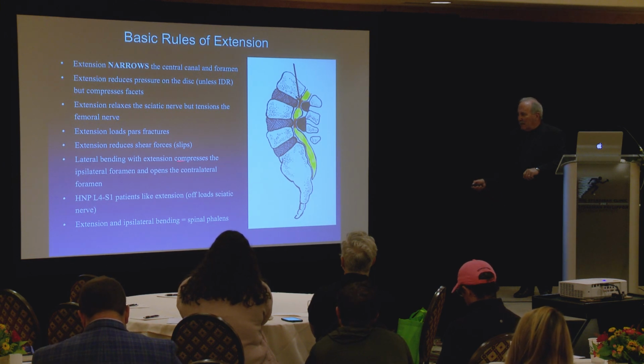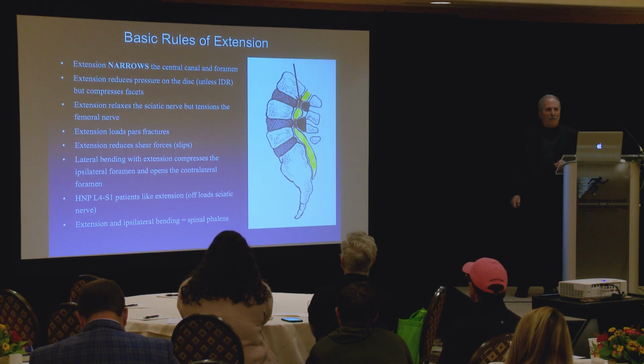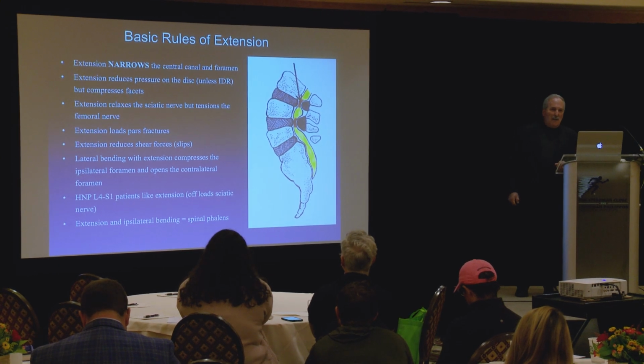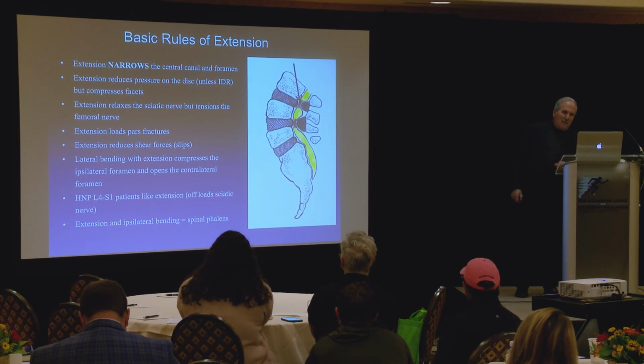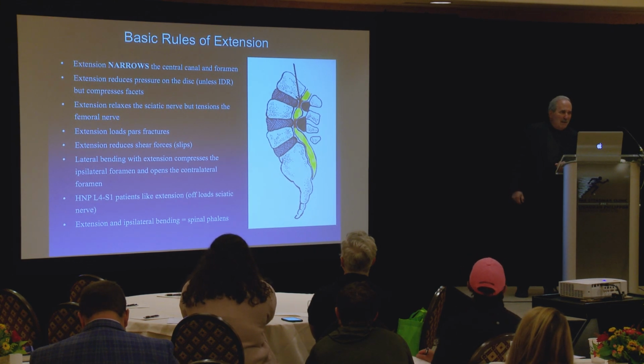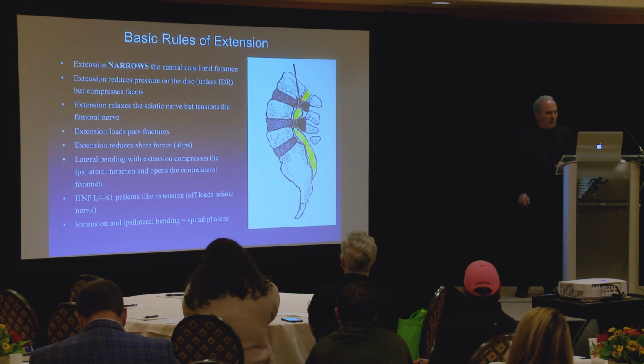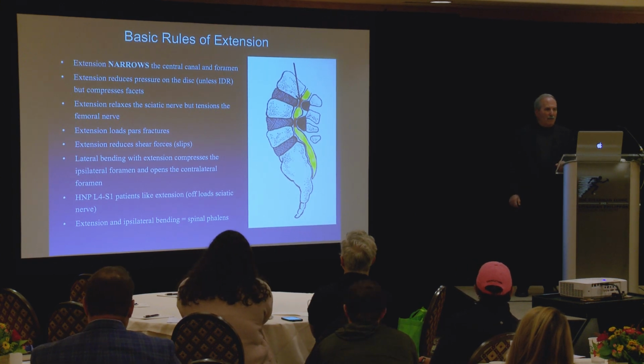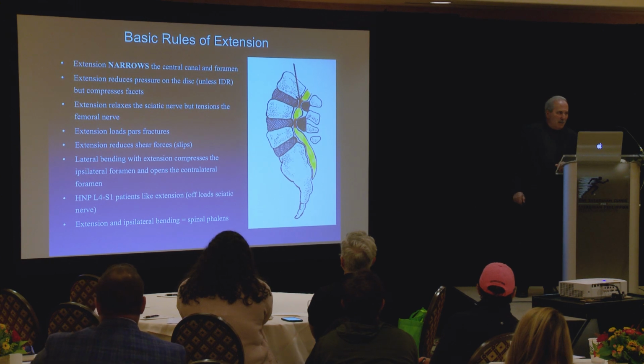So lateral bending with extension compresses the ipsilateral foramen. So you bend backward, you compress the foramen. They have right foraminal stenosis. You lean them over to the left. What happens? You open the right foramen. You lean away, you open it. So not every patient, but if you lean them back with leg pain, you lean them to the opposite side, their leg pain can go away.